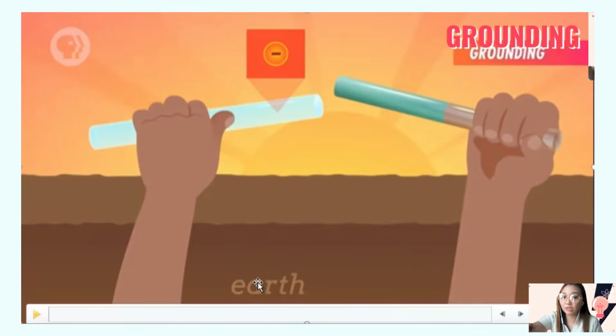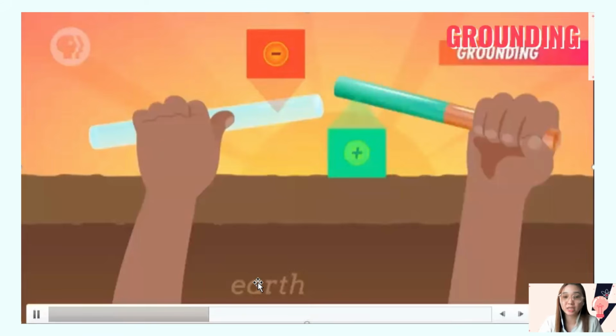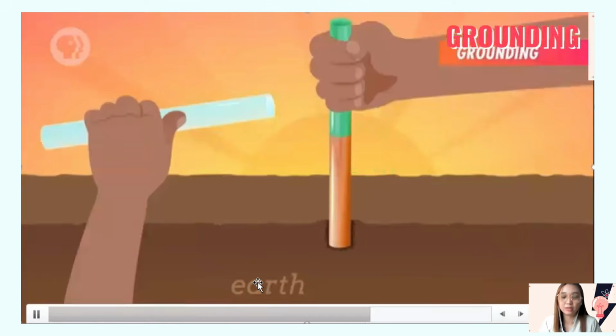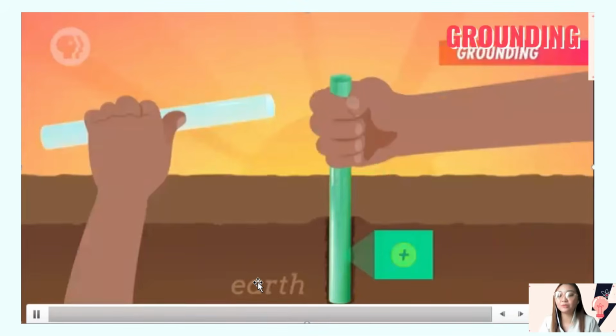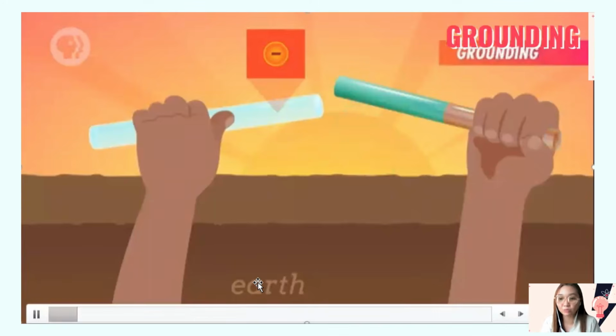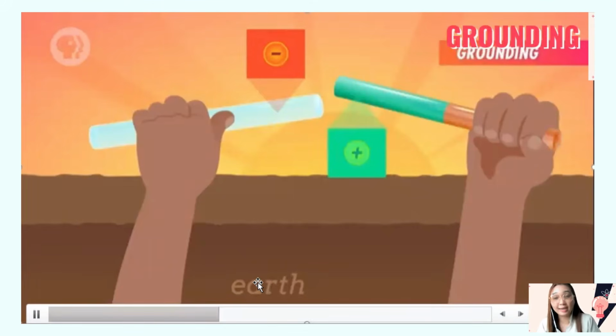So, kapag sinuksok mo yung negatively charged particle mo, okay, or positively charged particle mo sa ground ng Earth, ang tendency niyan, mag-disperse yung negative, okay? So mag-disperse yung negative at manonormalize mo na, or mag-neutralize mo na yung amount of protons and electrons doon sa object mo.